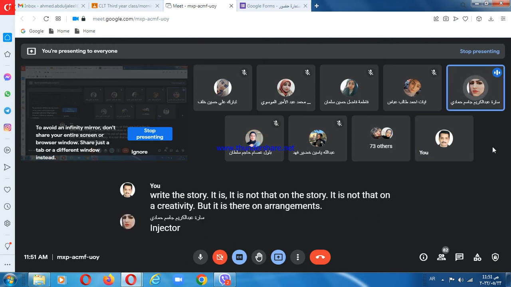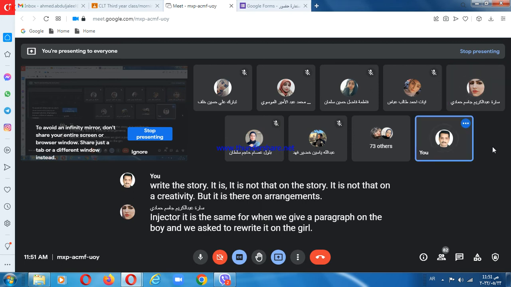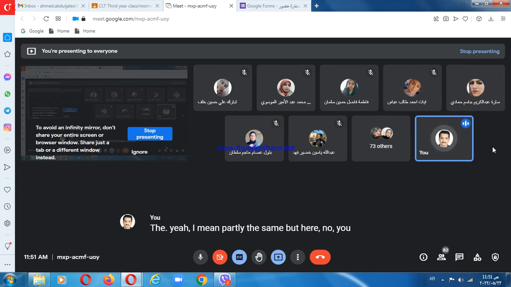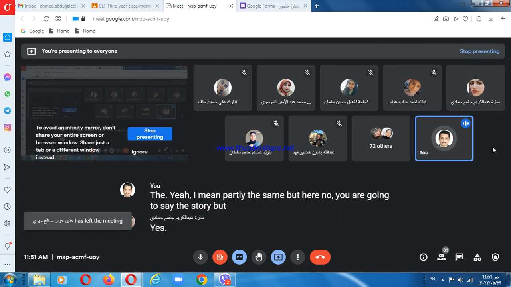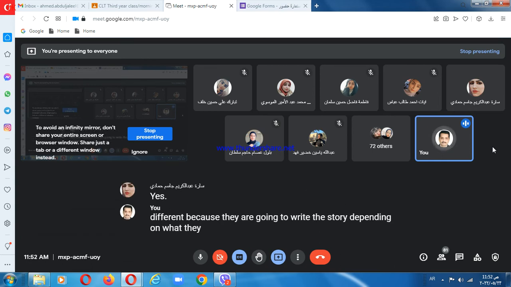Doctor, it is the same as when we give a paragraph on the boy and we ask to rewrite it on the girl. Yes, partly the same, but here no, their own organization will be different because they are going to write the story depending on what they remember. How can they formulate it?